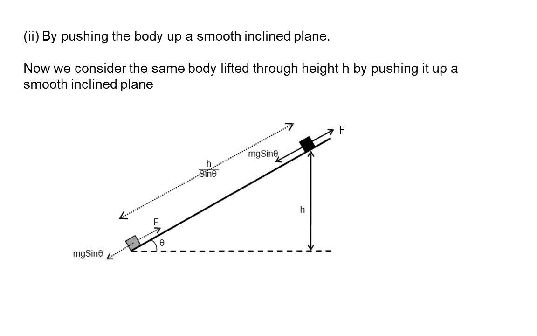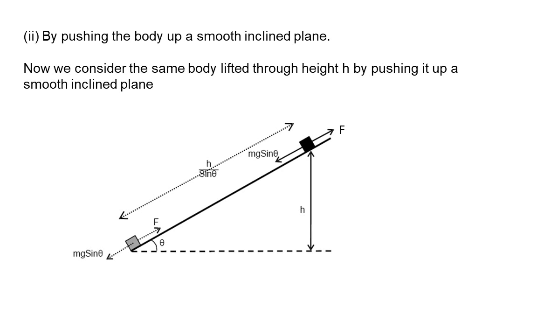As you are pushing it up over a smooth inclined plane, you are applying force F, and the weight's component mg cos theta will act perpendicular to the plane, and mg sin theta will act along the smooth inclined plane, which is inclined at an angle theta with respect to the horizontal.